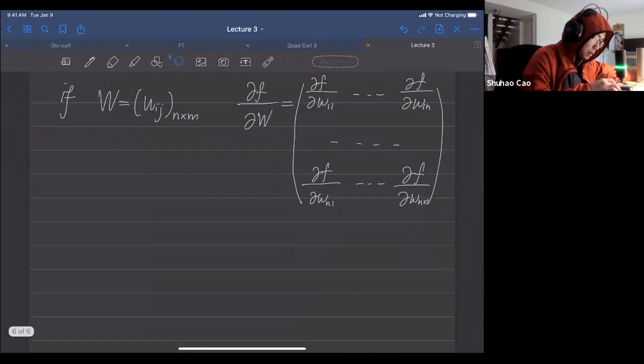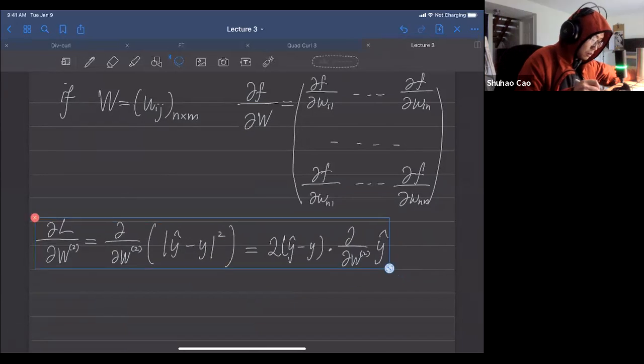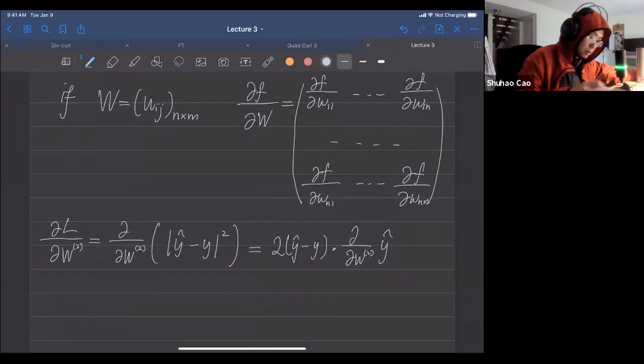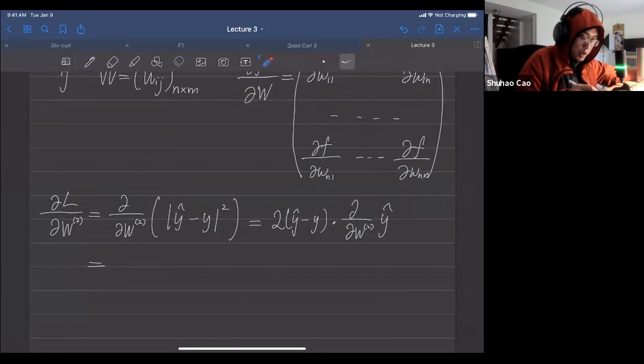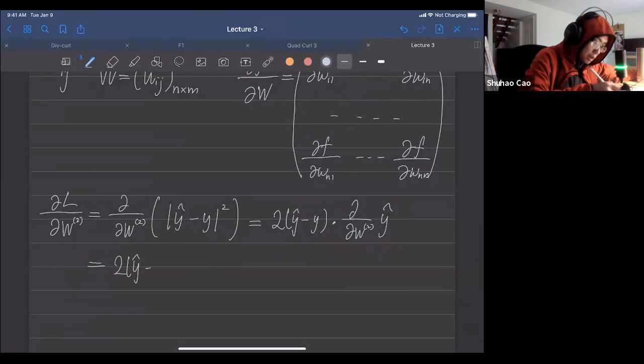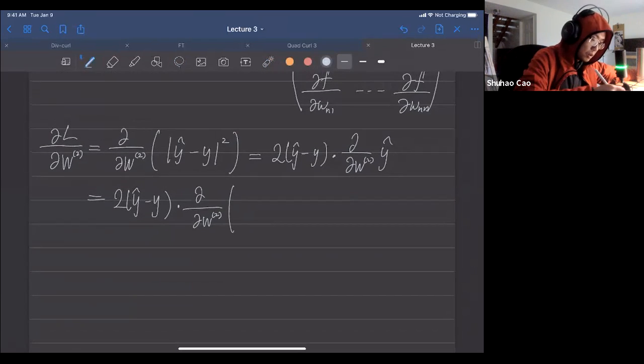So this is our W. Now it's our turn to take the derivative of this. So we have 2(y hat subtract y) times partial W2 of W2 dot A2 plus B2.